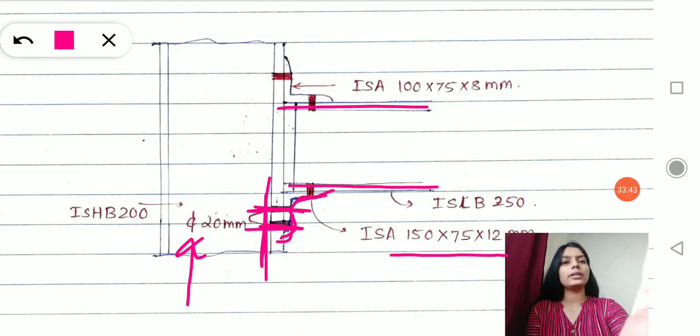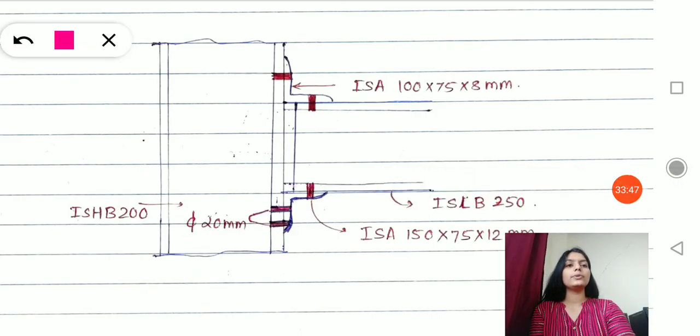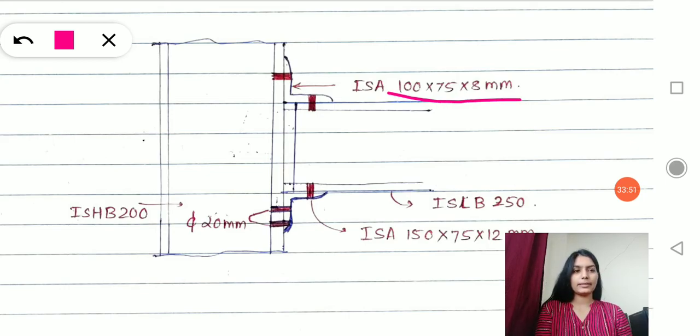For the rest of the connection, I said use a nominal cleat angle of 100 by 75 by 8 mm because it is just for making connections. It is not carrying or transferring any force.